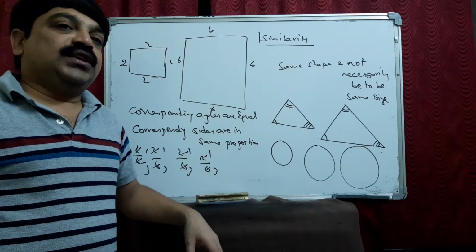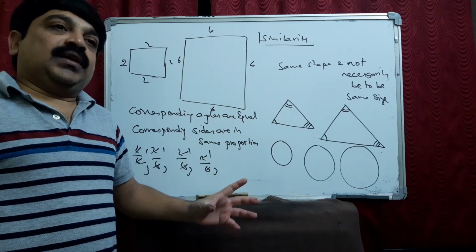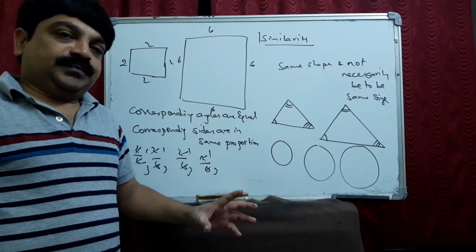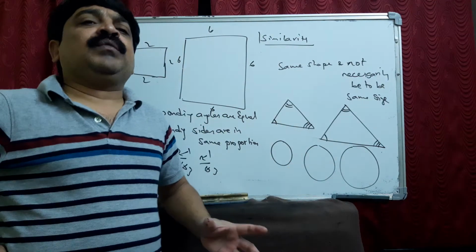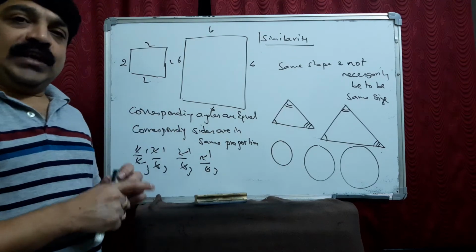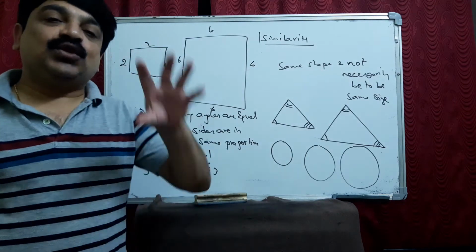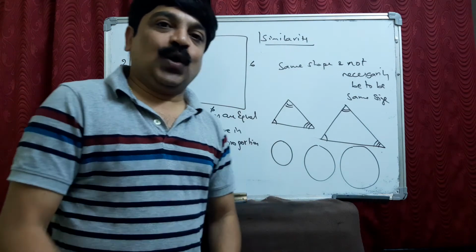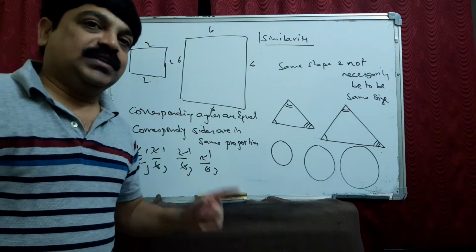The only condition to satisfy for two polygons to be similar is that the corresponding angles should be equal and the corresponding sides should be in the same proportion or ratio. This is the main basic concept for similarity.